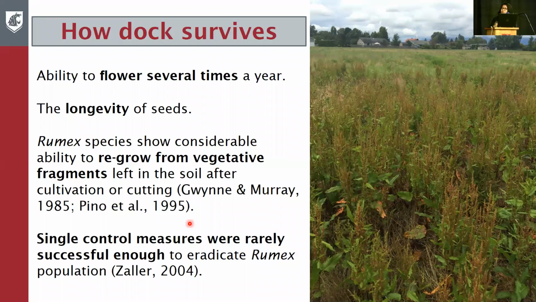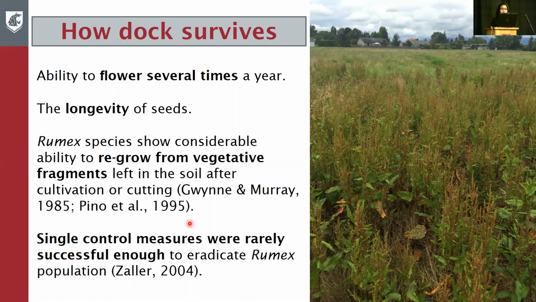Like I've mentioned before, there are several characteristics and biology of this plant that favor them to survive in the field. Because they're perennial, they can flower several times a year, and they have a huge number of seeds, and the seeds can remain viable in the soil up to 40 years.